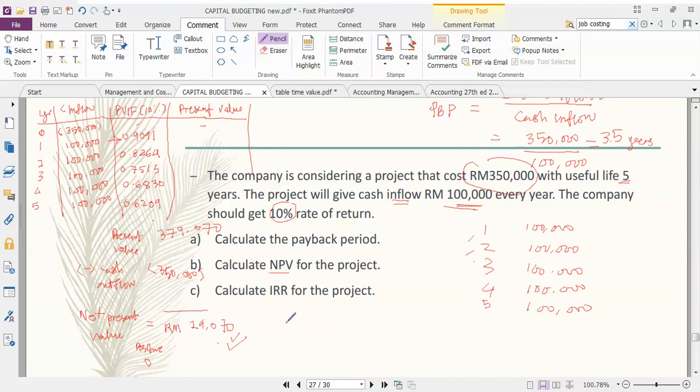How about the IRR? IRR you must calculate. Cash inflow divided by 1 plus 0.10. The cash inflow for each year is consistent, that is 100,000.